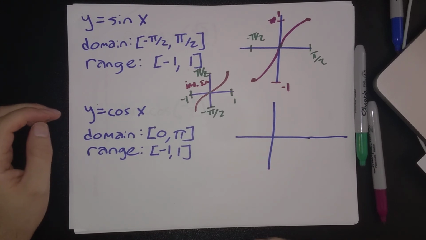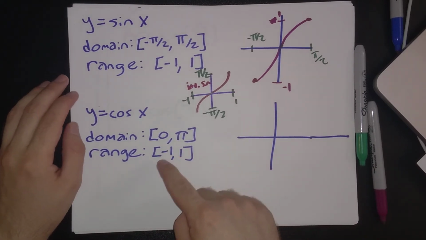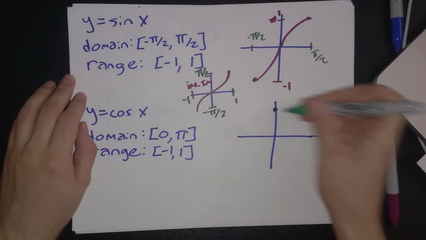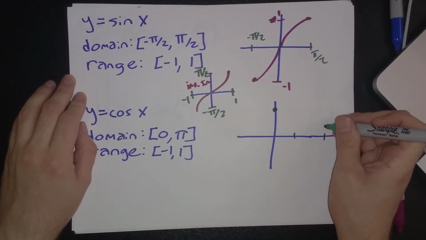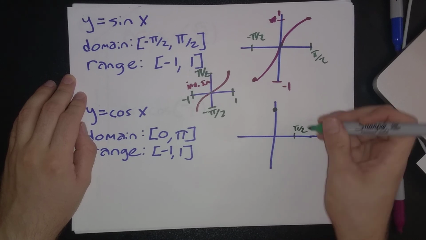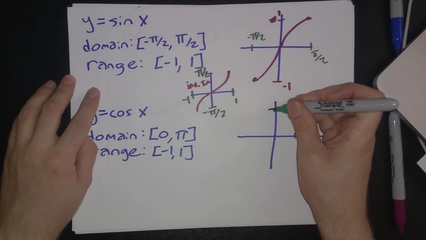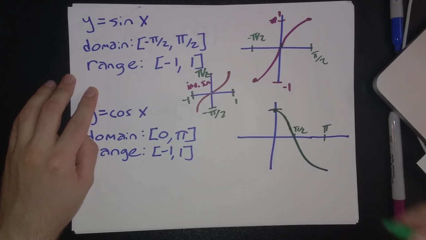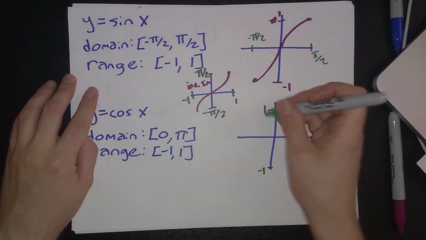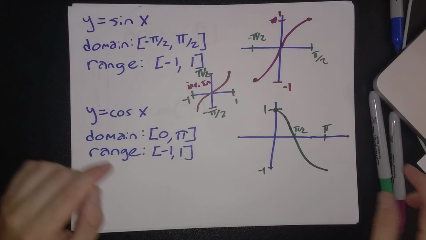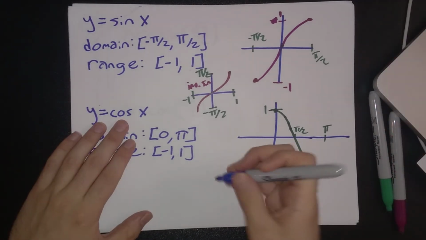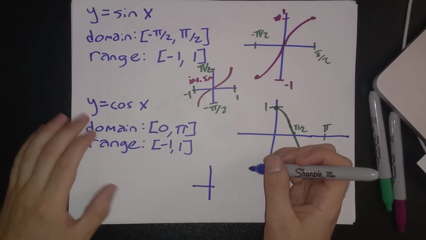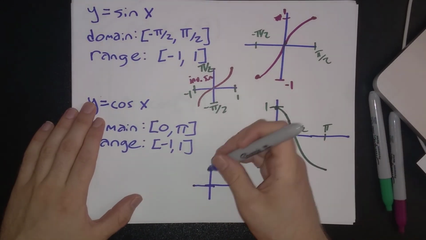For cosine x, we choose to restrict the domain from 0 to pi. So cosine of 0 is 1, cosine of pi over 2 is 0, cosine of pi is -1. So again, the range is from -1 to 1. And so now we draw a new function for the inverse.